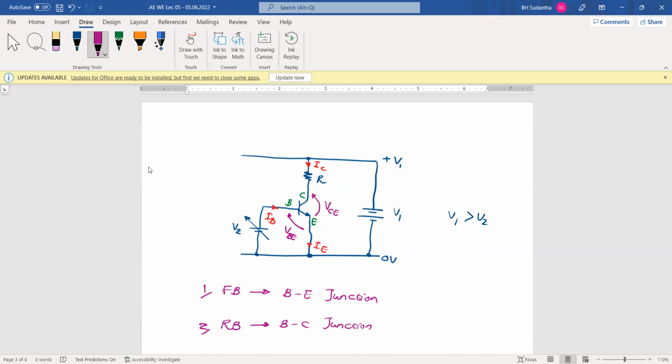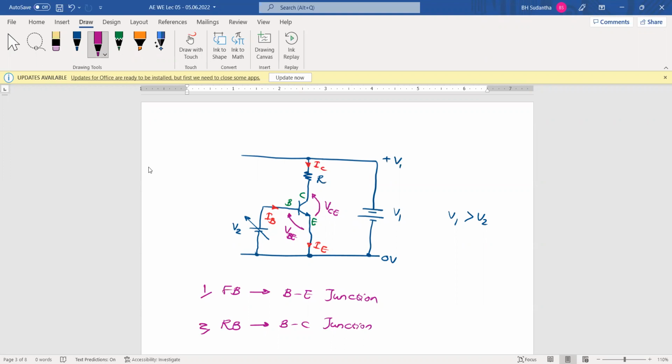To turn on a transistor, there are two requirements. In whatever application, to get whatever functionality from the transistor, first we have to turn on the transistor. How to turn on the transistor?